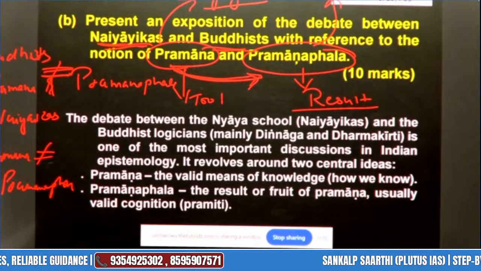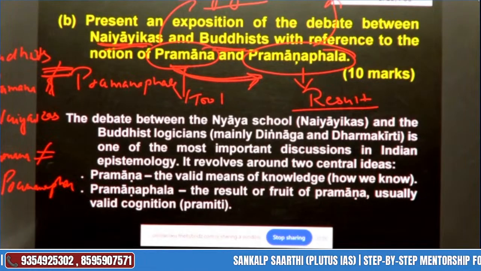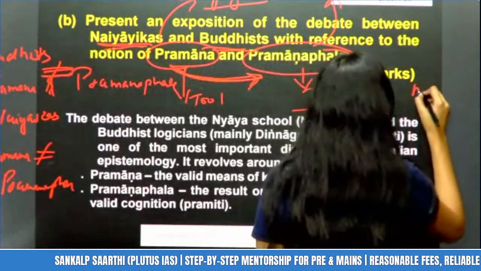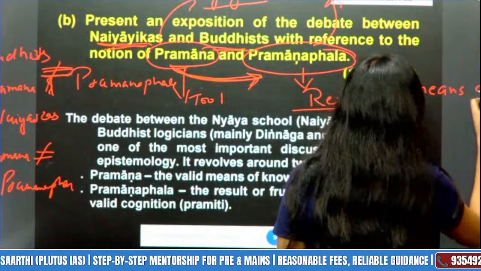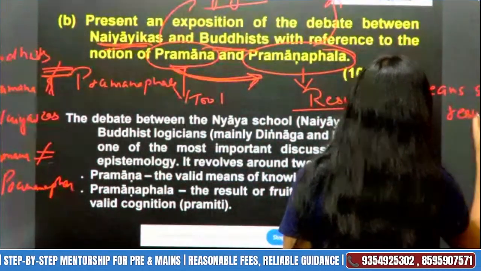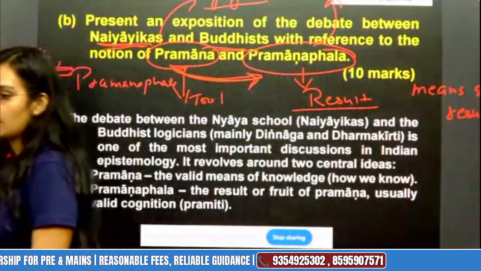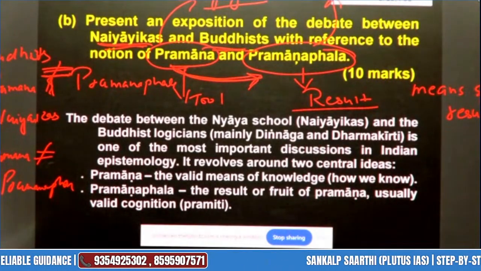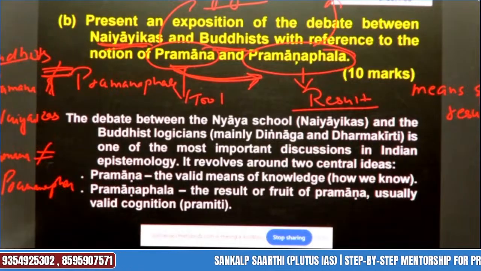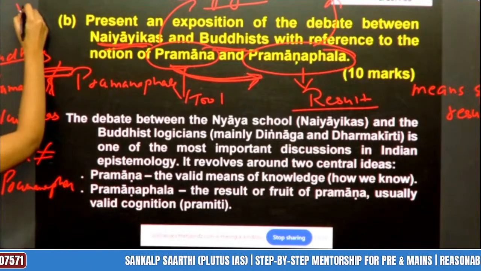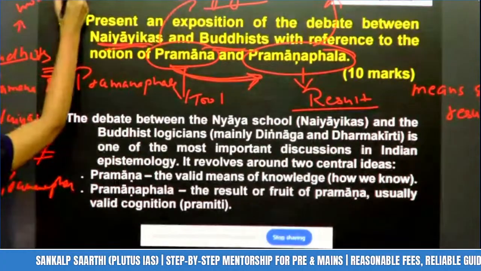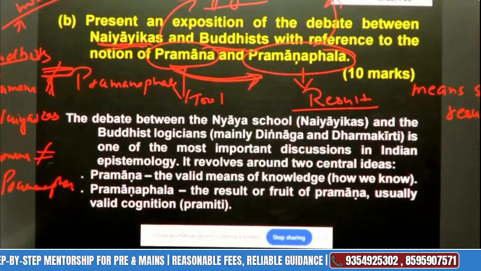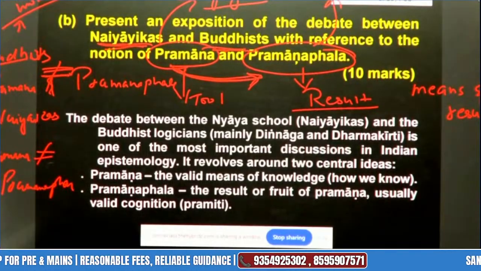So it's like the knowing act itself, both the means and the result. Right? Because everything is momentary according to Buddhist, right? I hope that you are aware of his philosophy, momentariness. Yes, a rough idea.